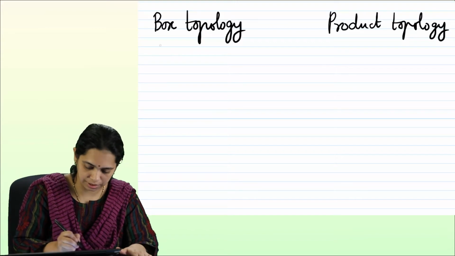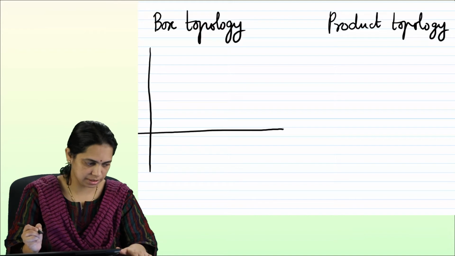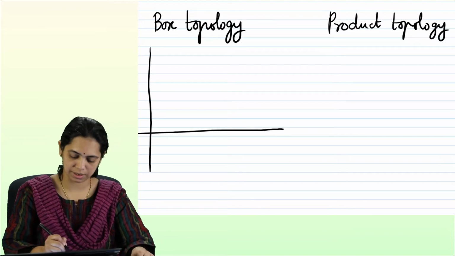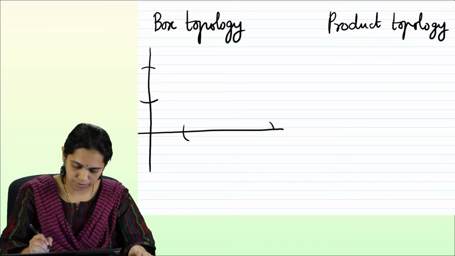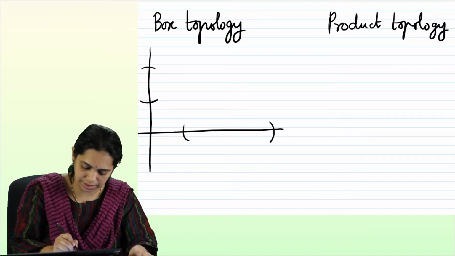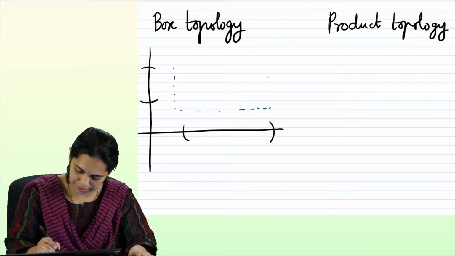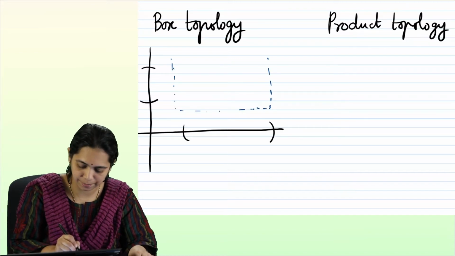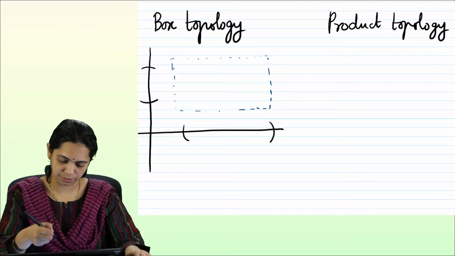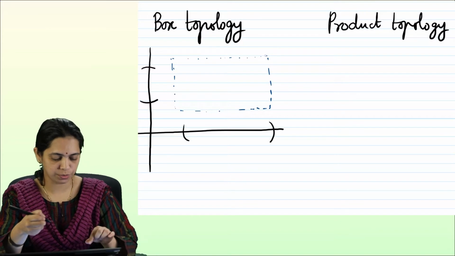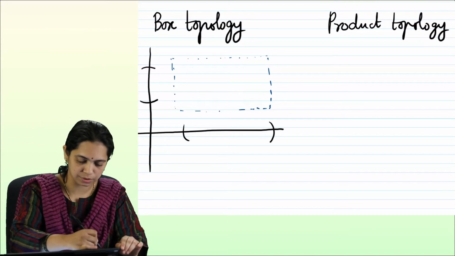For example, in R2, a basis for the box topology consists of U1 cross U2, where Ui are open inside each of the Xi's, that is, in this case inside R. So, a typical element of the box topology here looks like this. Of course, you are allowed to vary the U alpha as you like.